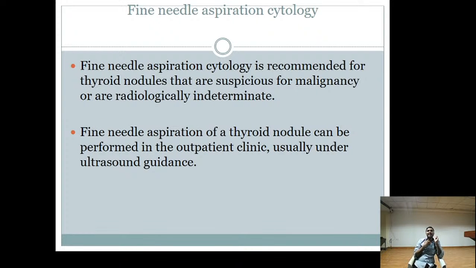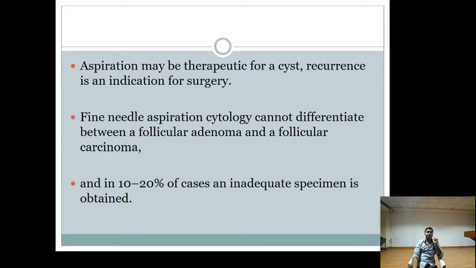Coming to fine needle aspiration cytology. When you do FNAC, if on radiological examination it is indeterminate, it is suspicious of malignancy, then we go for fine needle aspiration cytology. It is an outpatient procedure, and it is done under ultrasound guidance.